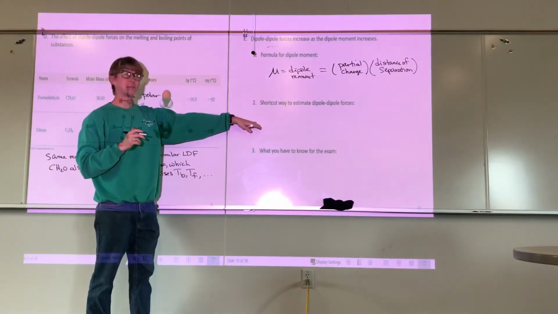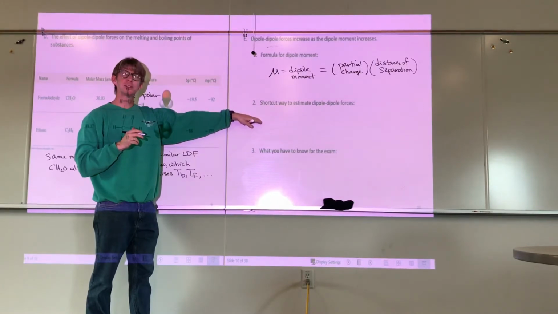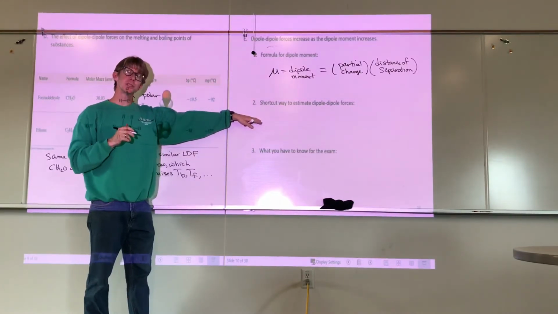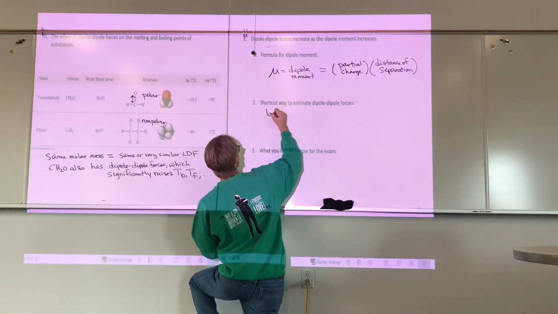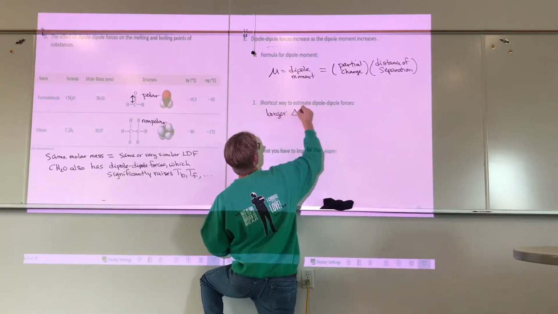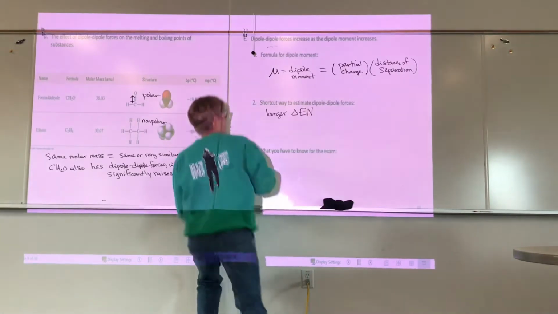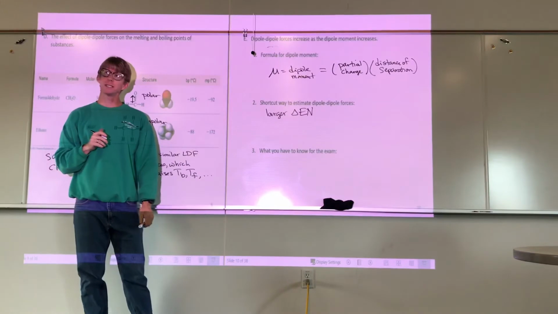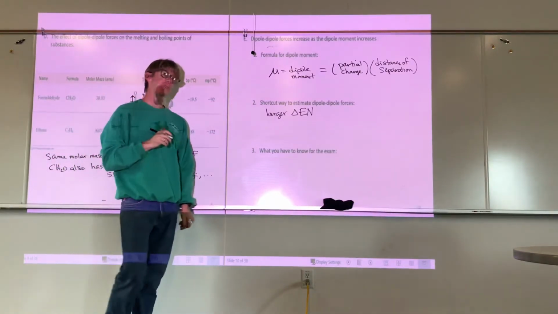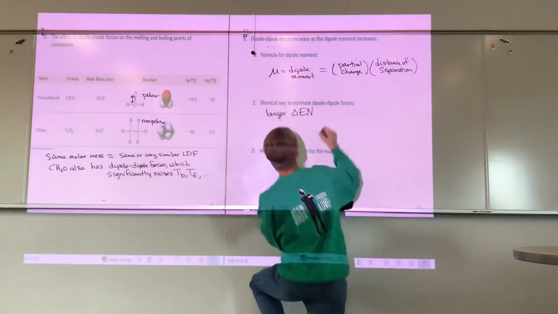Shortcut way to estimate dipole-dipole forces is going to be larger differences in electronegativity. Where delta En is the difference in electronegativity, larger delta En leads to larger dipole-dipole forces.